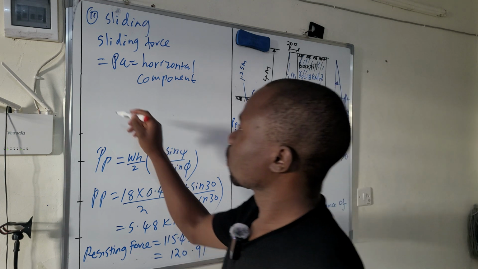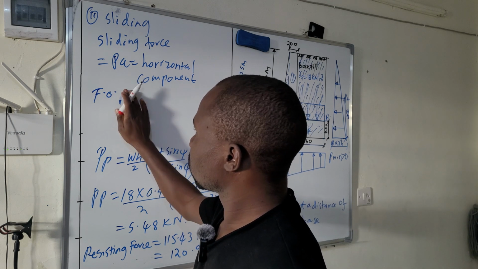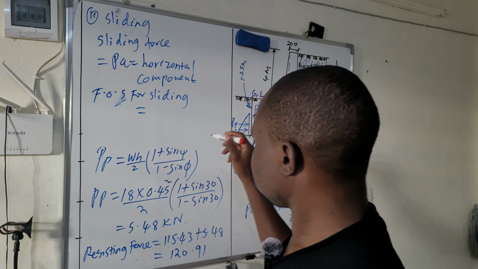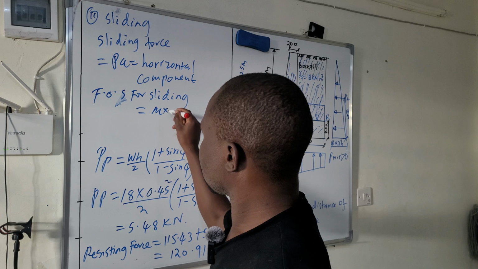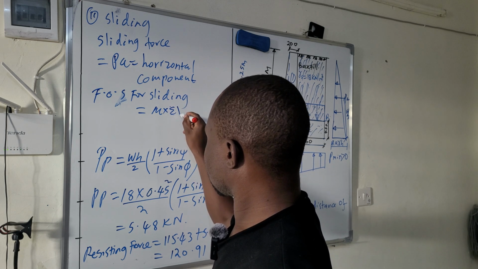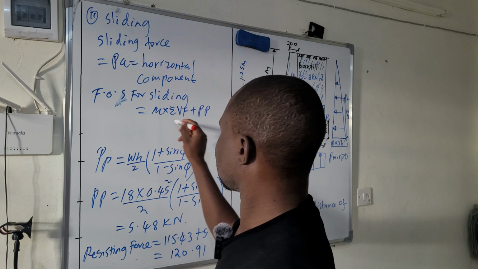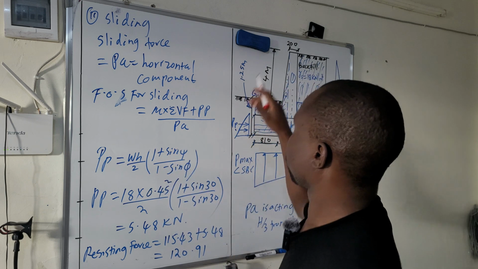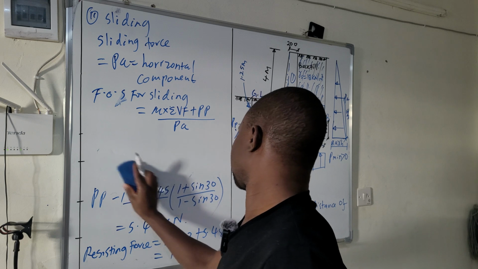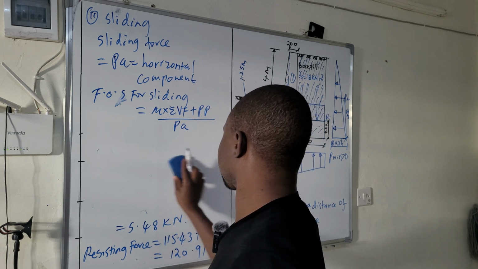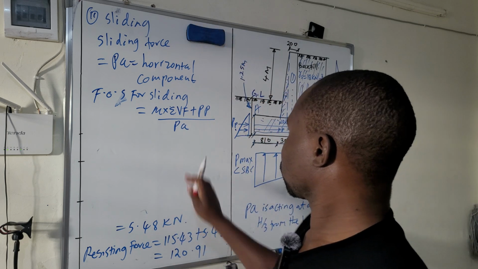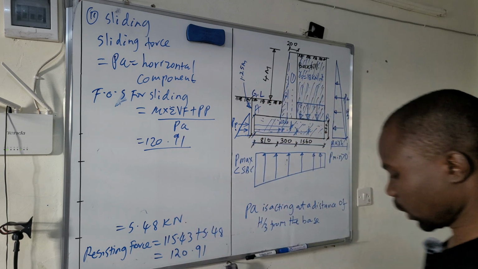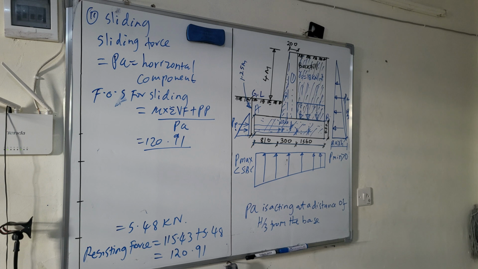So factor of safety for sliding is given by, this one is equal to 120.91 over, and remember our PA is 82.69.